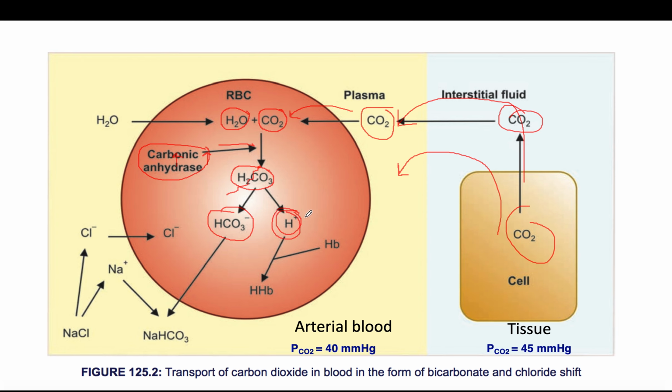What does it mean when you have a lot of H+ ions? When a lot of carbon dioxide enters here, you have a lot of H+ ions. You will increase the acidity of the red blood cell. Do you still remember the shift to the right, when I said that when there is an increase in acidity, the graph will shift to the right? What does it mean when the graph shifts to the right?